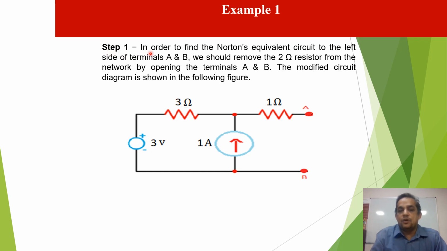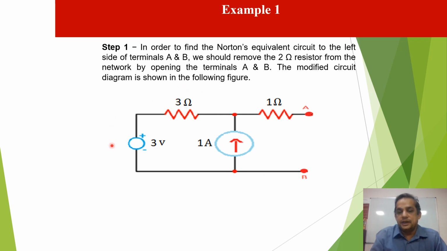Step 1 is, in order to find the Norton equivalent circuit to the left side of terminals A and B, we should remove the 2 ohm resistor, which I have said earlier is the load resistance. We should remove the 2 ohm resistor from the network by opening the terminals A and B. The modified circuit diagram is given in the following figure.